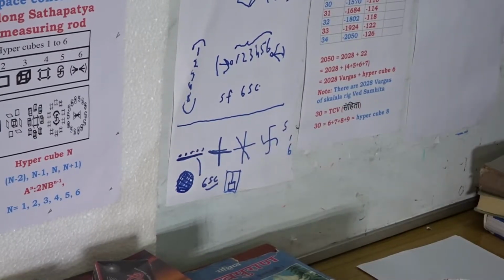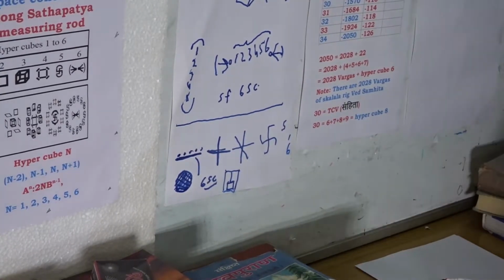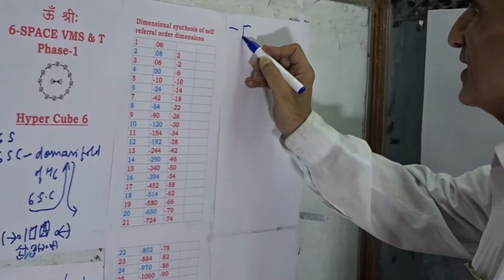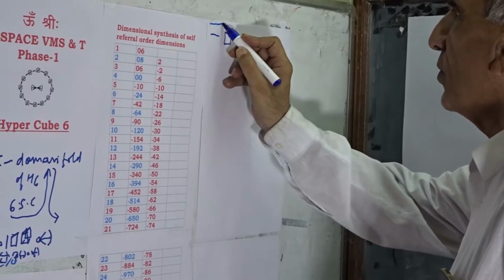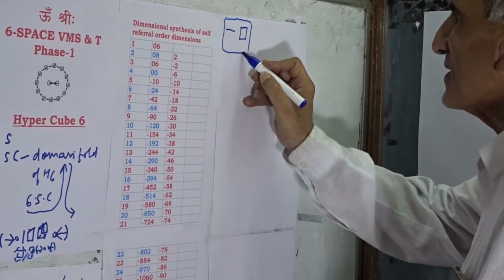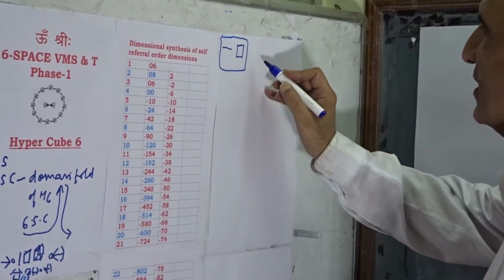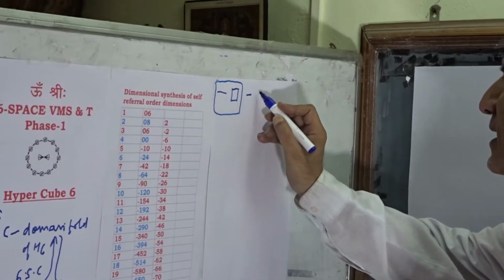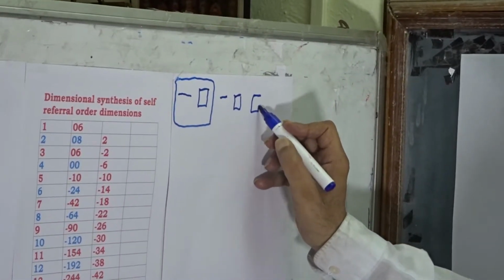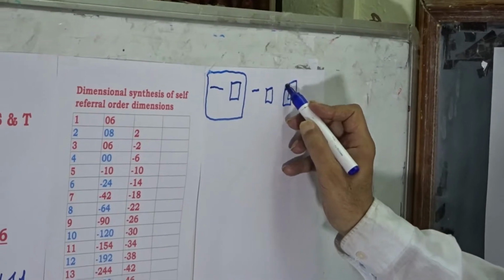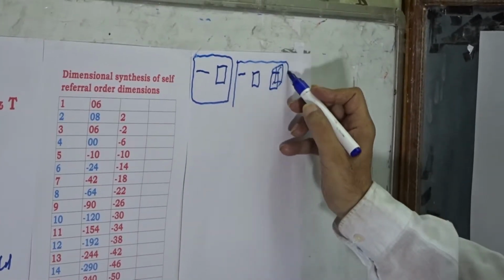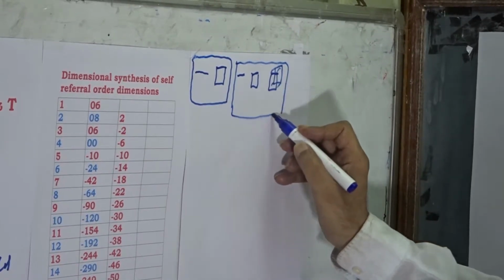A step ahead, when we are from line to a surface, we know both these bodies manifest within a surface. A step ahead, when we are having line, square and a cube, then we know that these three bodies together are manifesting within a cube itself.